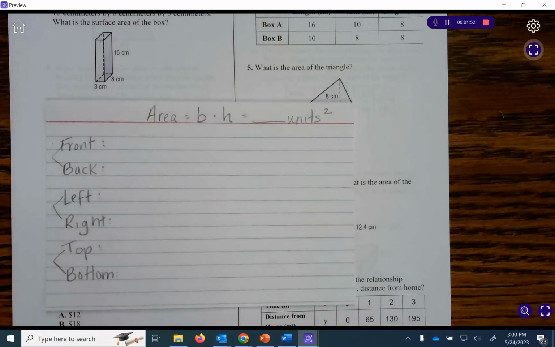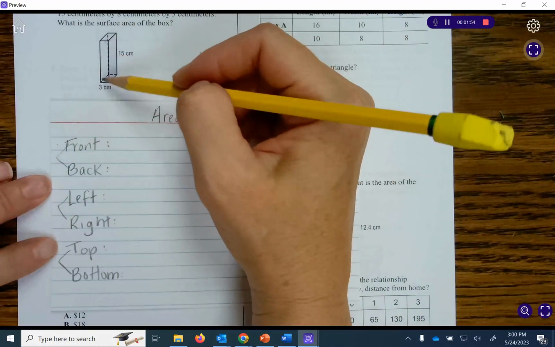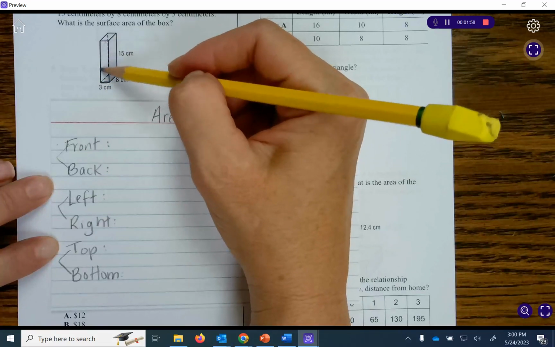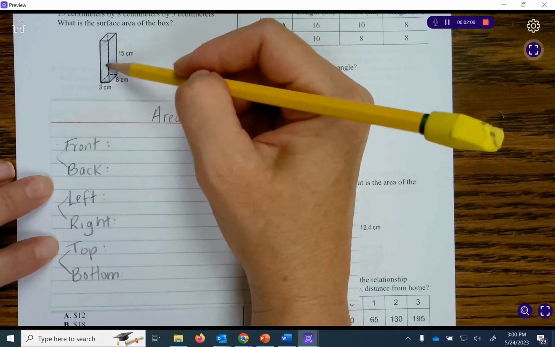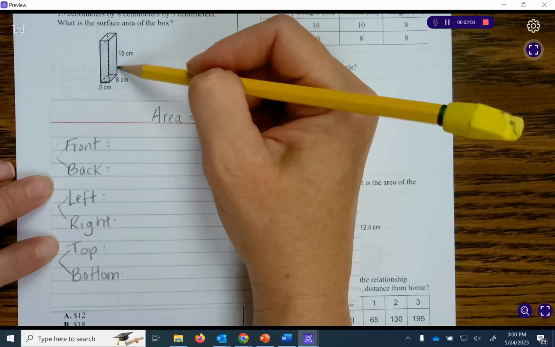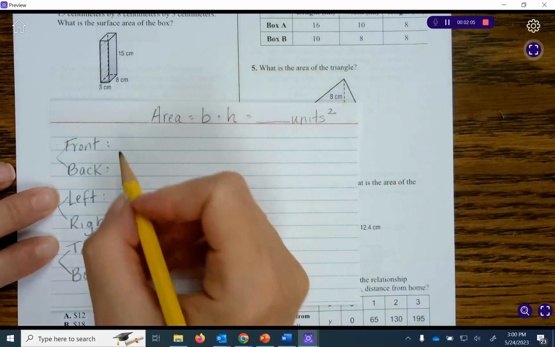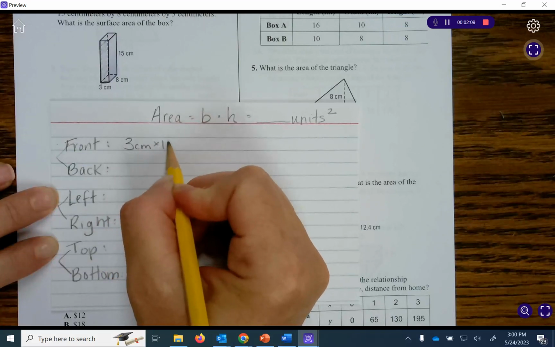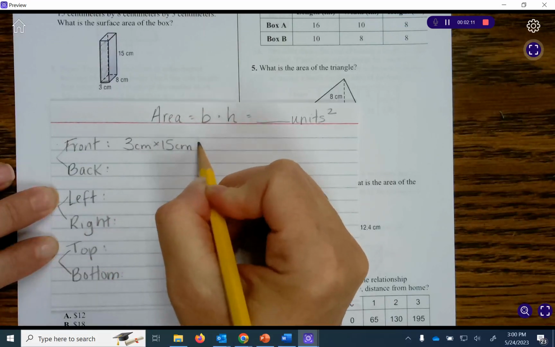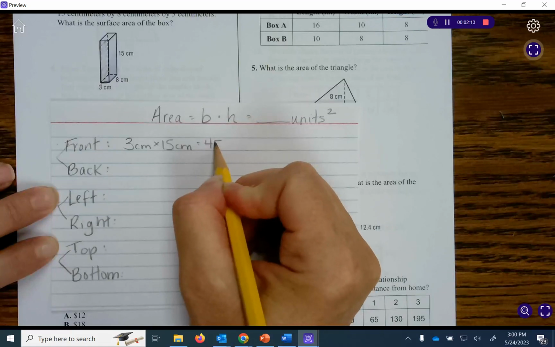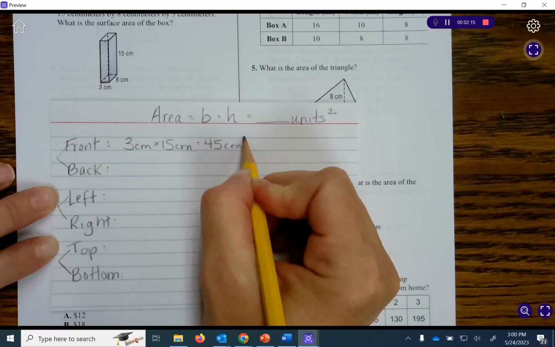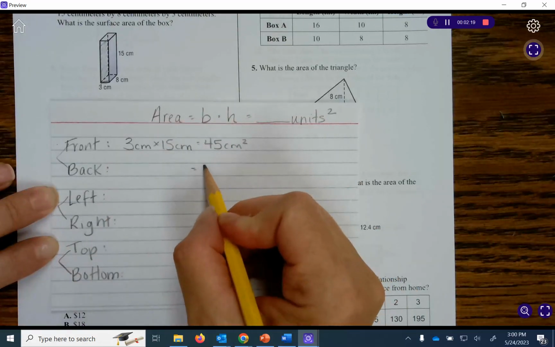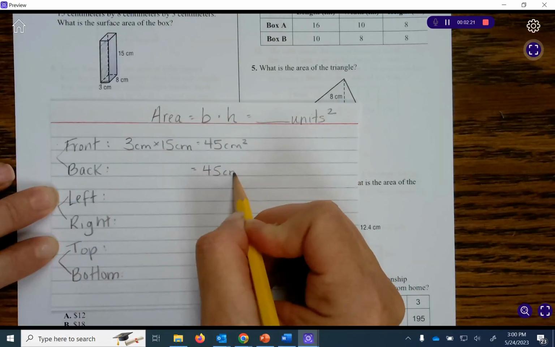Now, when I look at the front, I see that it is 3 centimeters, and then I have this long side here. And that's the front. Well, this long side is 15 centimeters. So I will have 3 centimeters times 15 centimeters, which equals 45 centimeters squared. The back is congruent, so that will also be 45 centimeters squared.